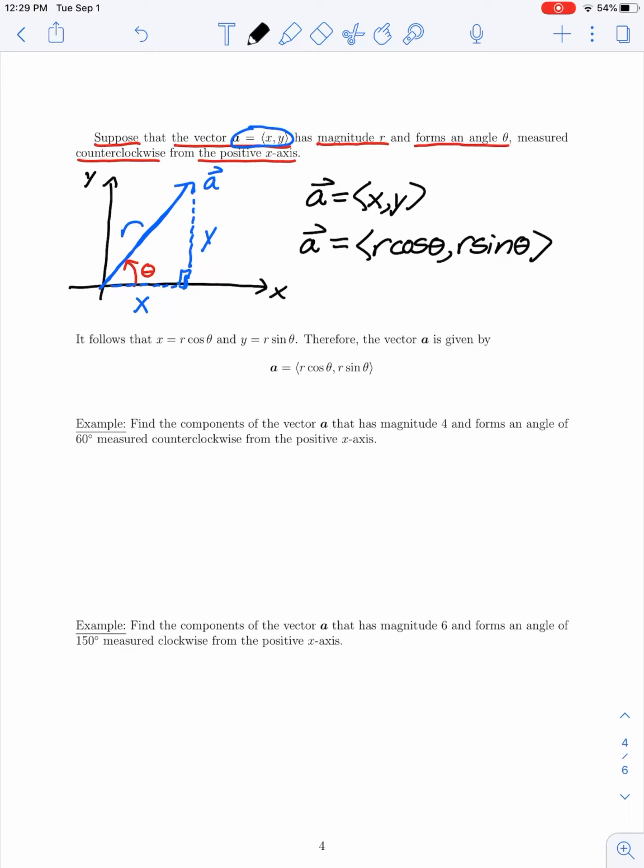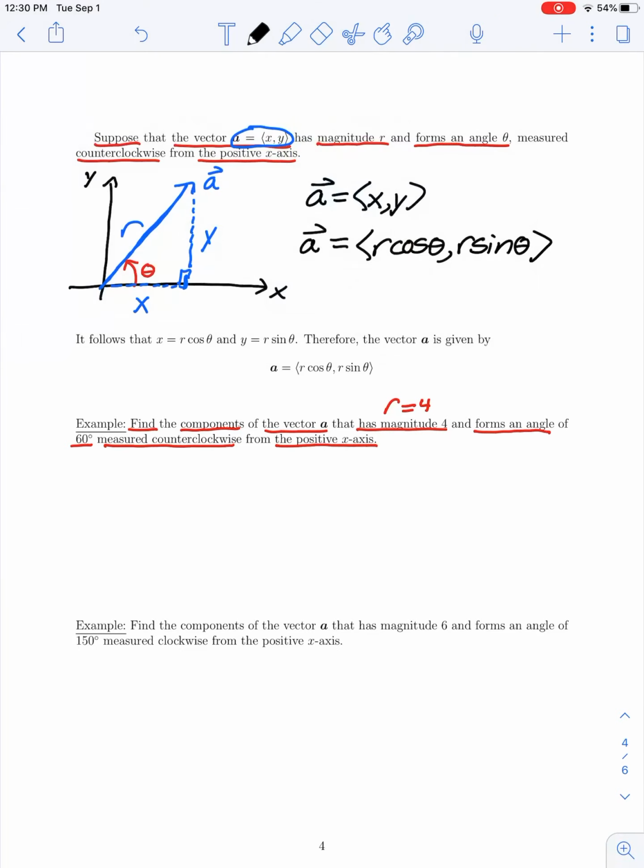There are certain problems which might be posed in this way. We'll see some examples at the end of this section. So let's consider a few examples of this. In our first example, we're asked to find the components of the vector A, which has a magnitude of 4, so here r is equal to 4, and it forms an angle of 60 degrees measured counterclockwise from the positive x-axis.